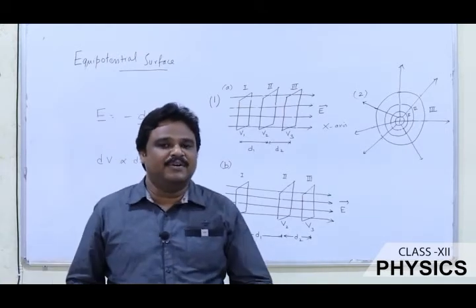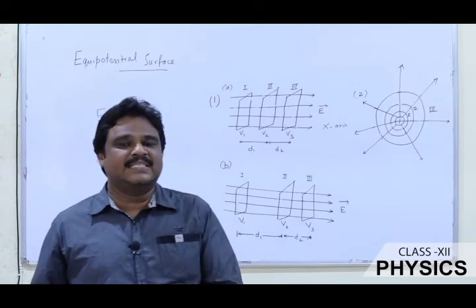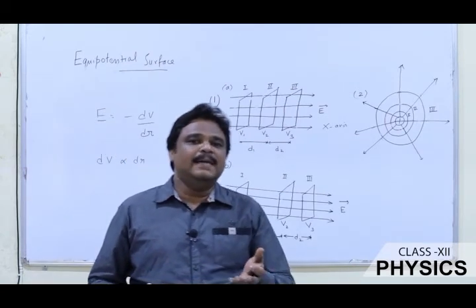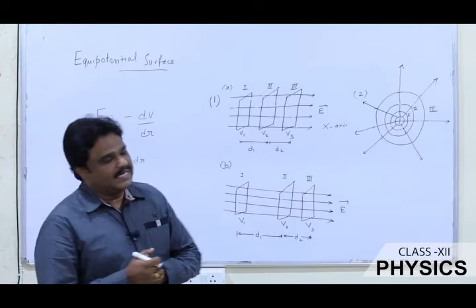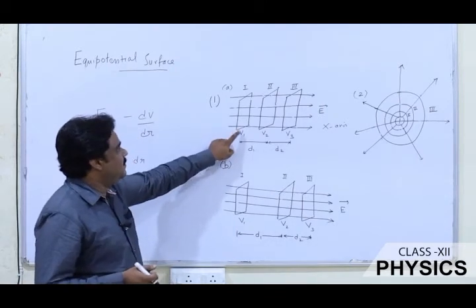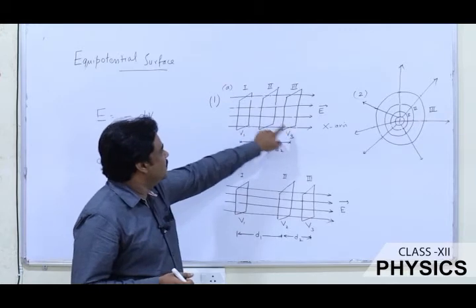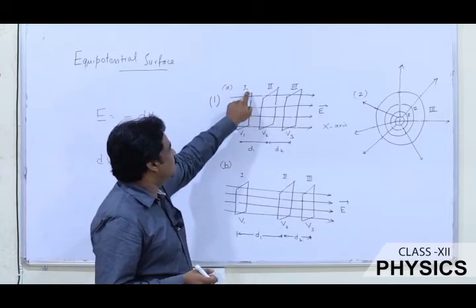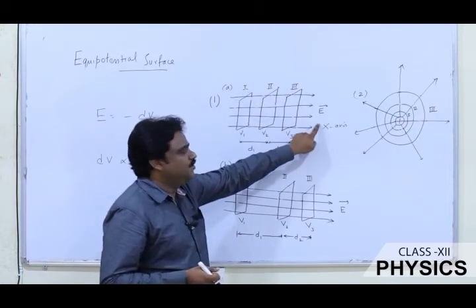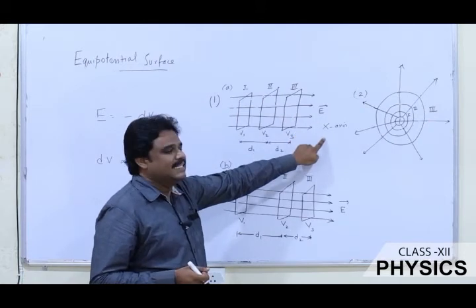If they are asking for x-axis, it will be normal to x-axis, whereas it should be a plane parallel to yz. So obviously you can see three planes. We plotted three equipotential surfaces, 1, 2 and 3, for this uniform electric field acting along x-axis.